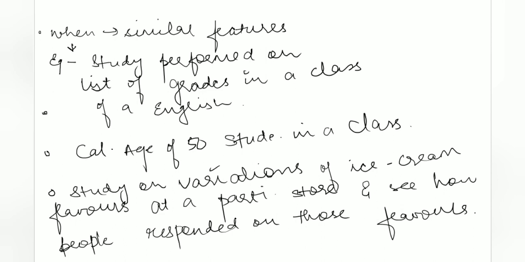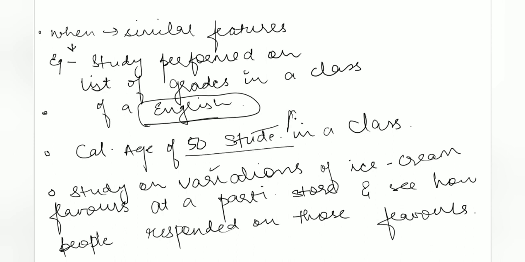So what I mean is cross-sectional is done in a population of similar characteristics. Here, a study performed on a list of grades in a class of English. Every student scored how much marks in English needs to be studied. So, similar characteristic. Calculate the age of 50 students.